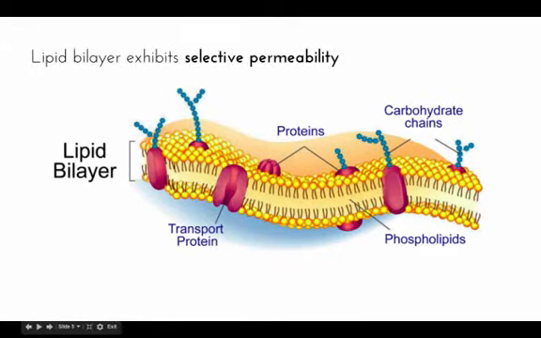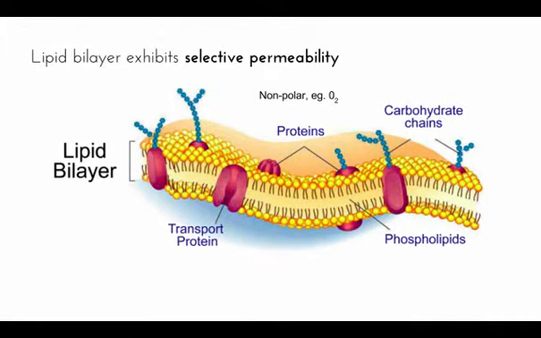So basically, the function of this phospholipid bilayer is to exhibit selective permeability. That means that only certain substances can move through the phospholipid bilayer, and other substances may have to use these proteins here.